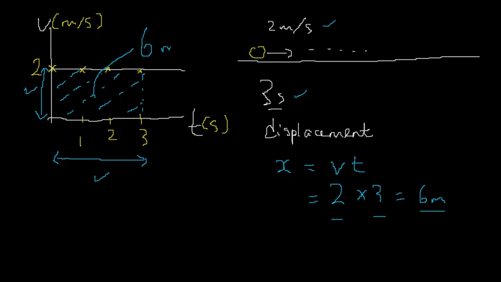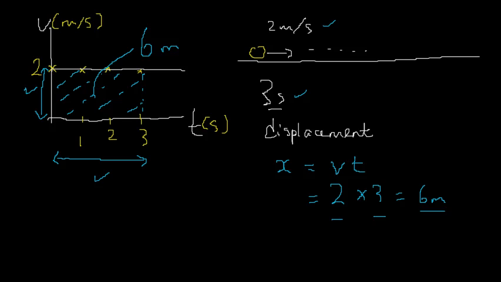And so the 6 meters just happens to be the area under the velocity time graph. Now that seems simple enough just by looking at this picture. Let's see if we can push this idea a little bit further.